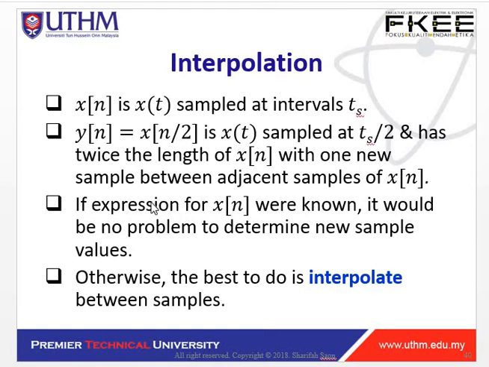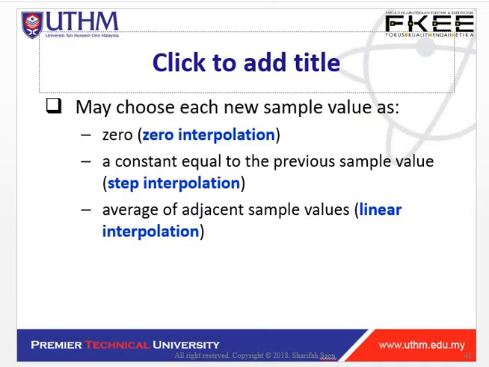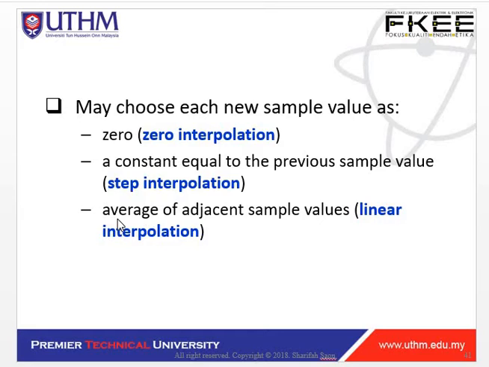If an expression for x[n] were known, it would be no problem to determine the new sample values. Otherwise, the best thing to do is to interpolate between the samples. There are a few types of interpolation. You may choose either zero interpolation, step interpolation, or linear interpolation. What is the difference? Zero interpolation means that you zero pad, you add in zeros only.